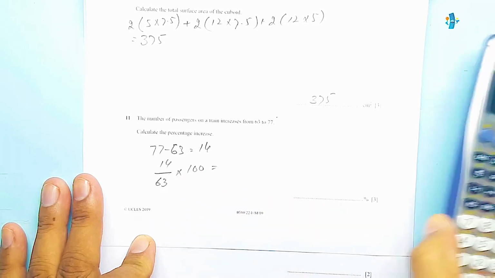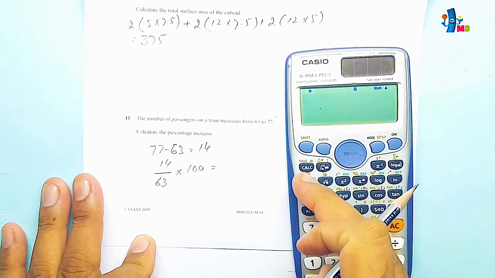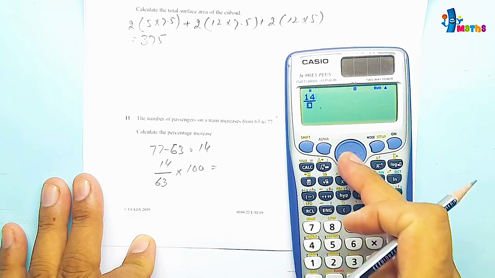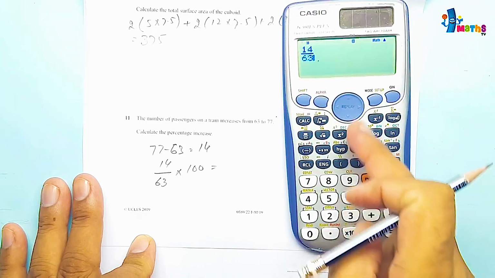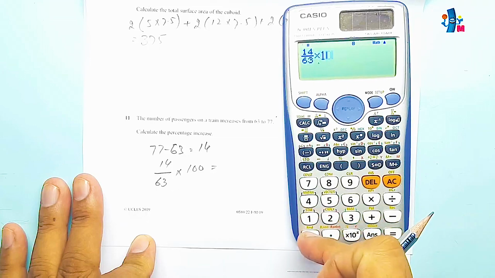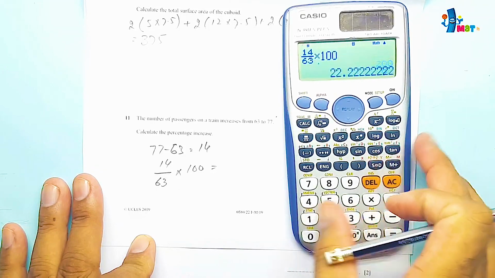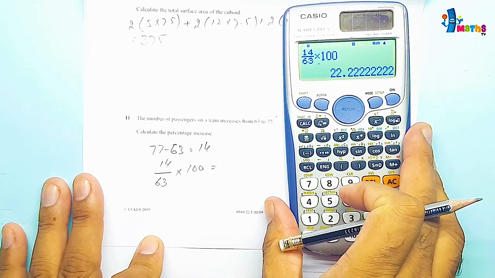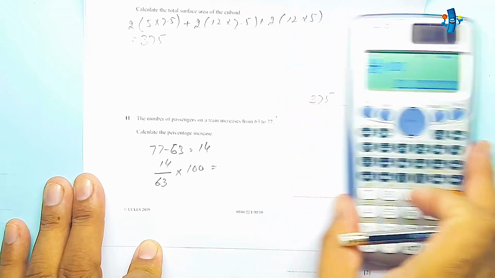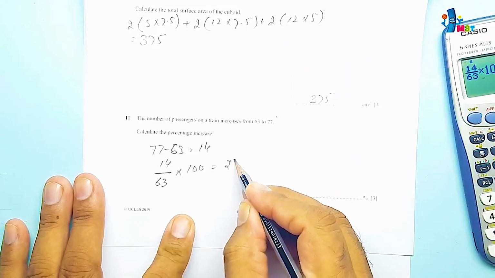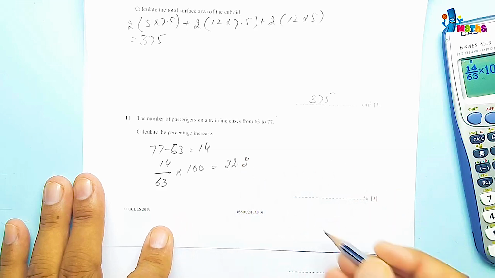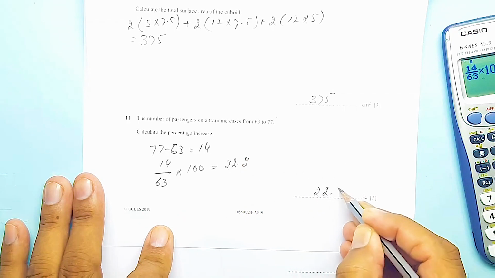So this will be taken as the fraction 14 divided by 63 and multiplied by 100. This will be equal to 22.2%.